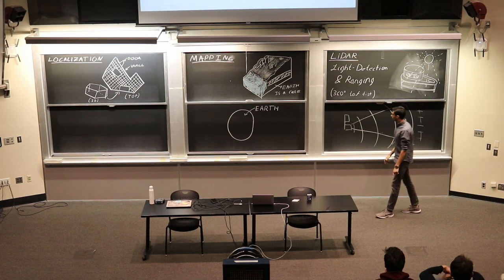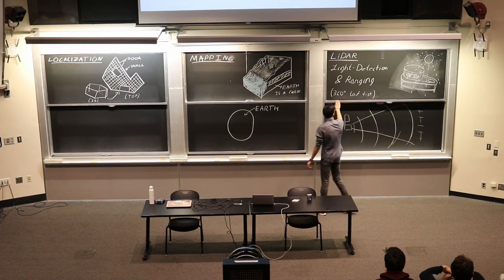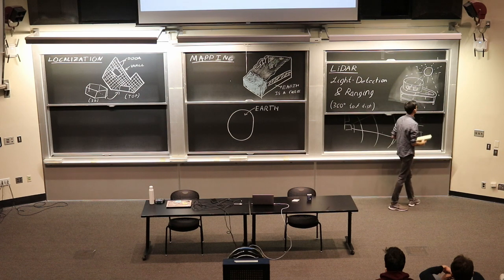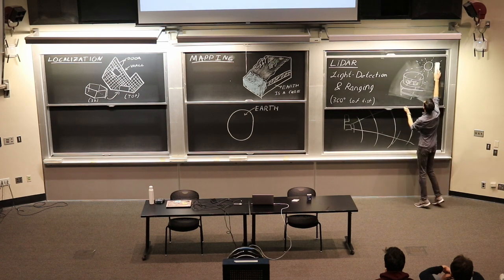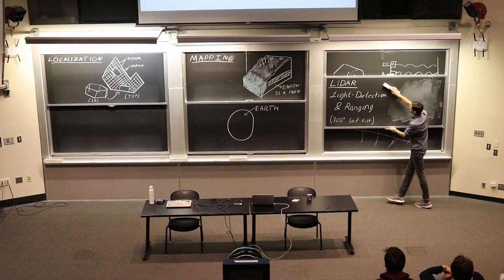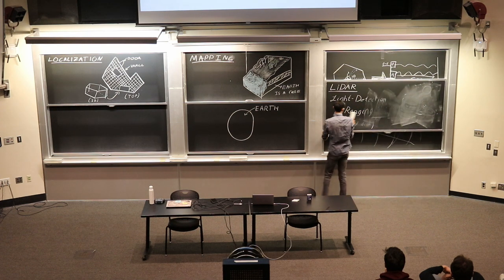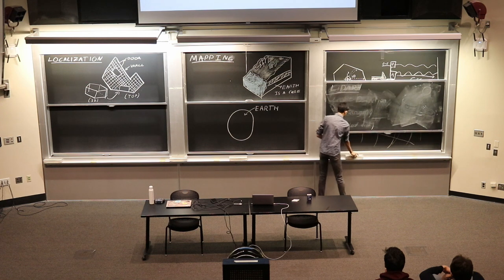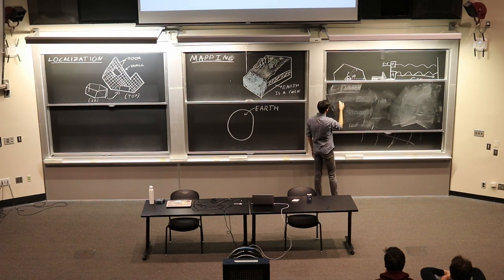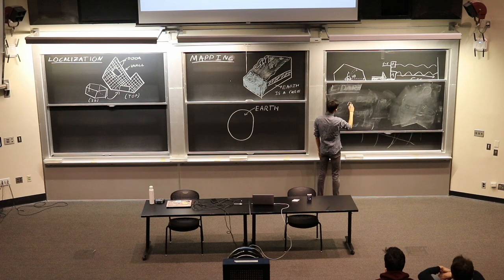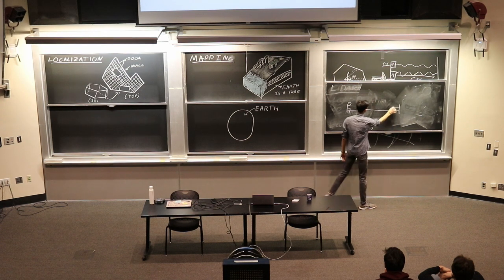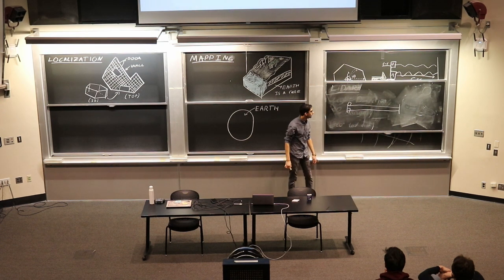So LiDAR solves this by using laser. And laser is a very focused beam of light, as I'm sure many of you are aware. So what a LiDAR does is, again, it has a sensor, transmitter and receiver, and it sends out a direct pointed beam, and it receives this direct pointed beam back.